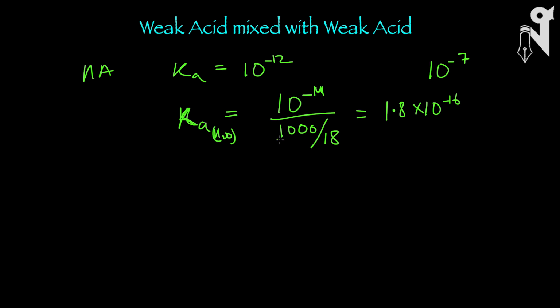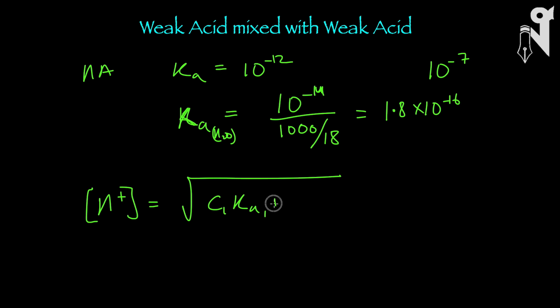and in your formula of H plus concentration, you will have C1 Ka1 plus C2 Ka2. If other weak acids are present, you can extend the formula like this: C3 Ka3, and here your Ka of water is 1.8 into 10 power minus 16.